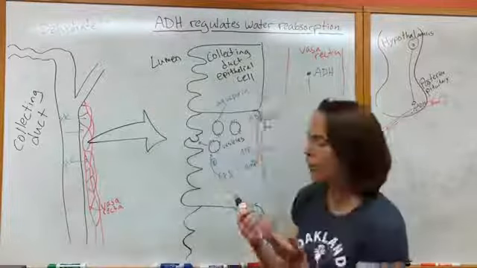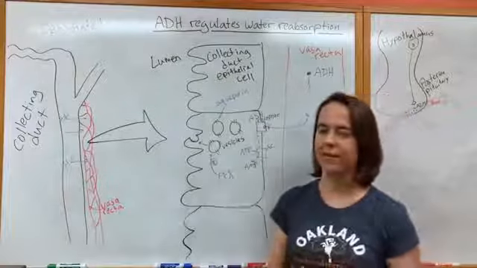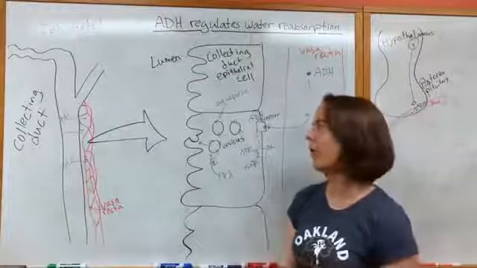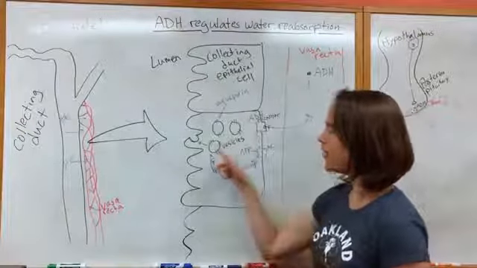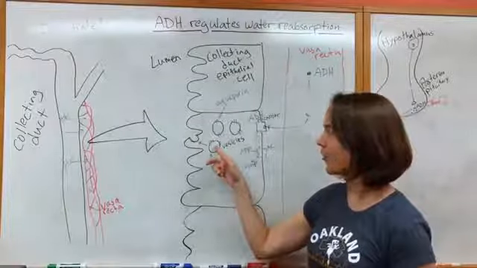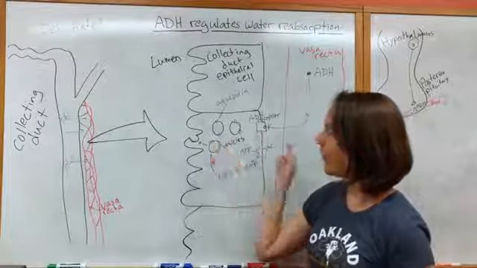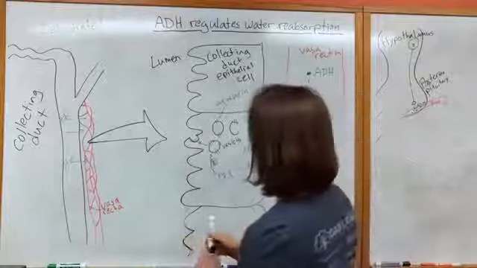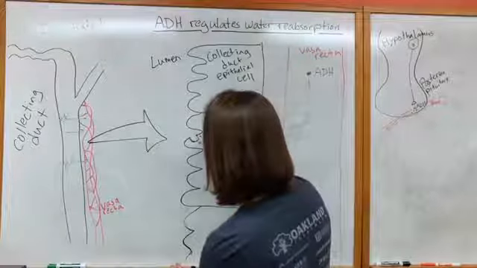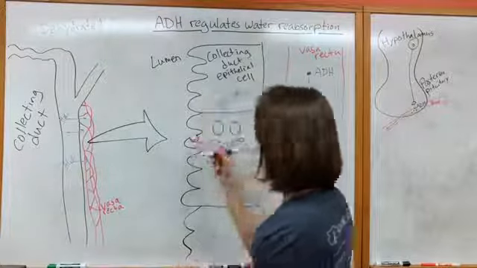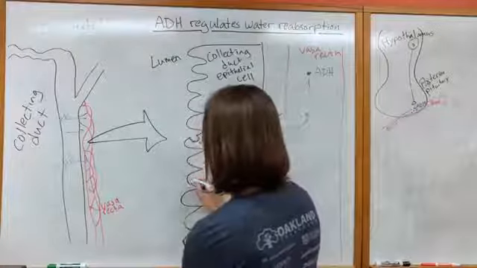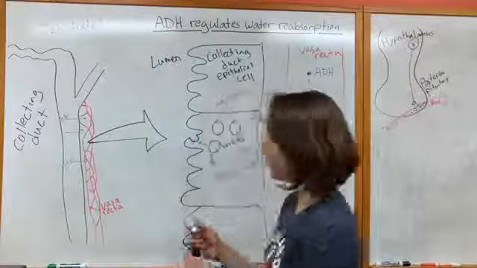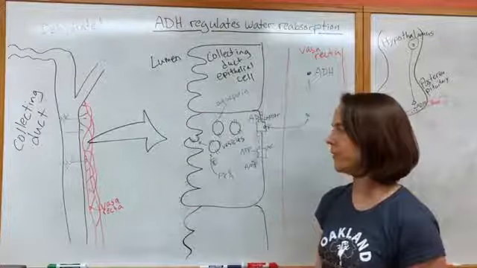And usually we've talked about exocytosis in the context of releasing a neurotransmitter or releasing a hormone. In fact, that's how ADH was released. But in this case, we're not releasing stuff that's inside of the vesicle. We're just trying to get these aquaporins into the membrane. And so when we do exocytosis and the vesicle fuses to the membrane, now our aquaporins are in the membrane, right? So we've just added a bunch of aquaporins to the membrane via exocytosis of these storage vesicles.